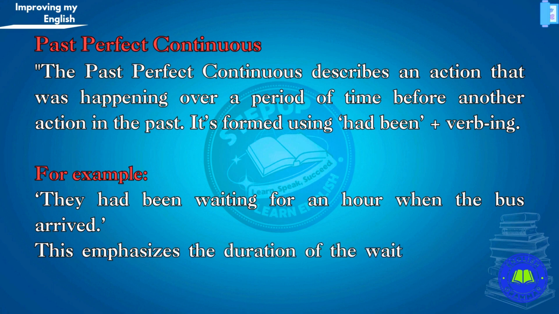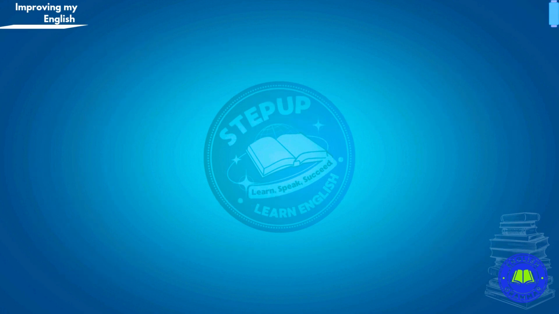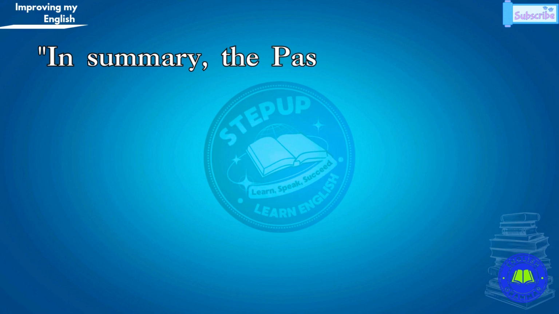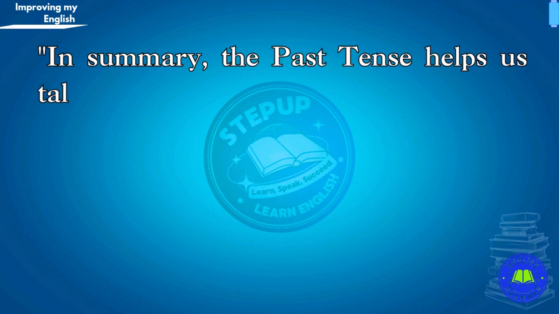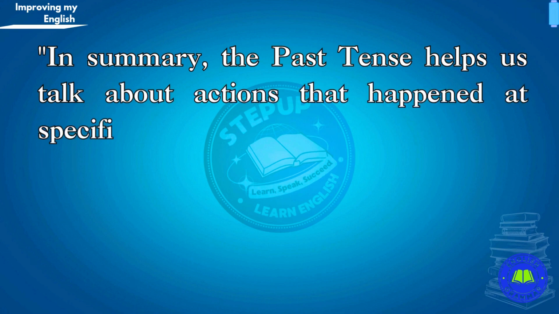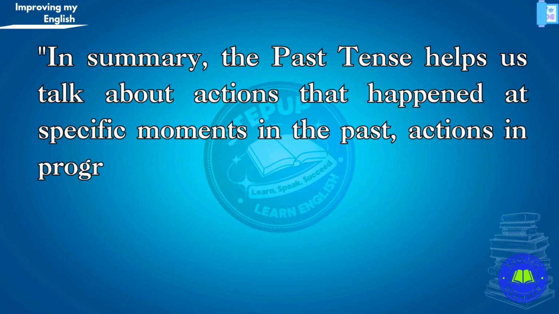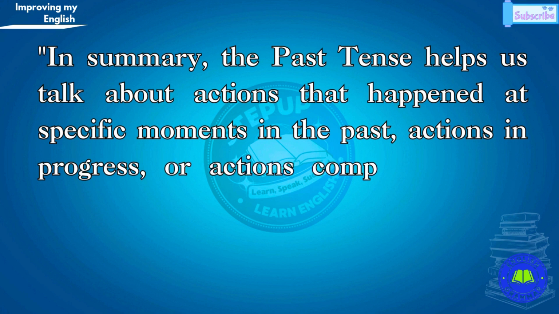This emphasizes the duration of the waiting before the bus arrived. In summary, the past tense helps us talk about actions that happened at specific moments in the past, actions in progress, or actions completed before another.